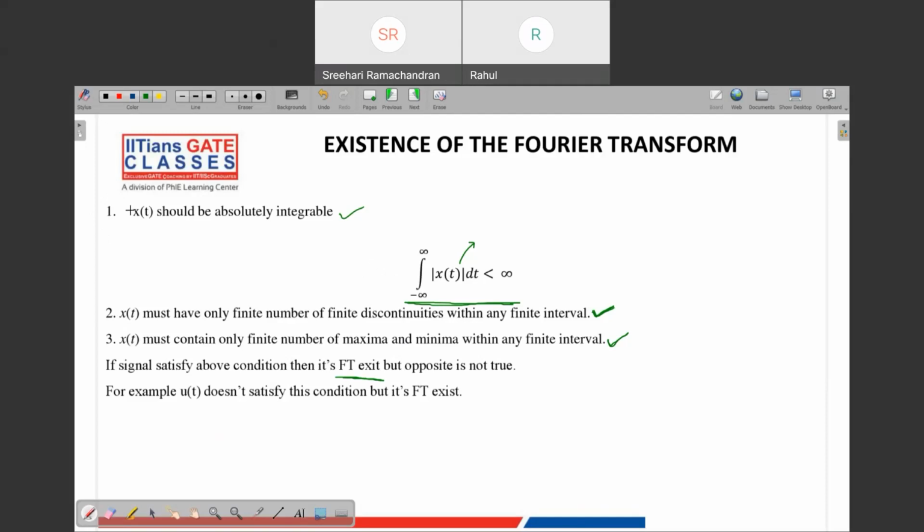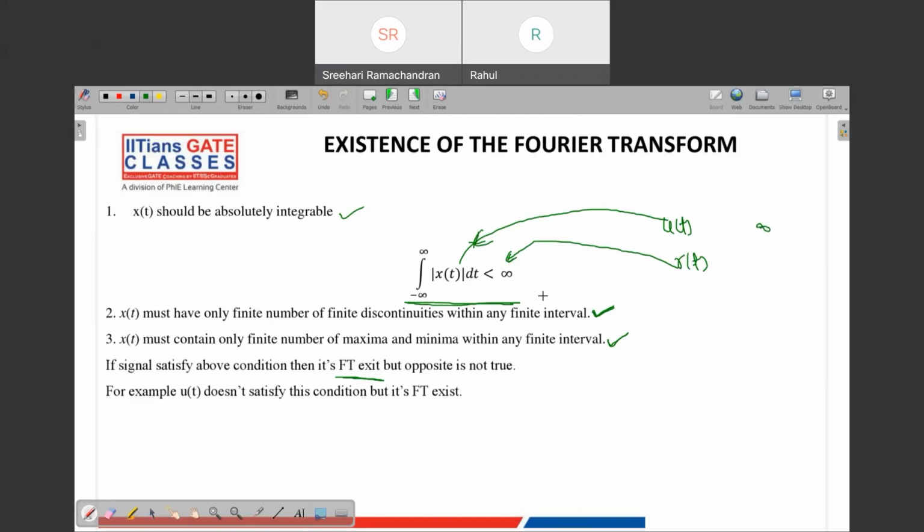One example is the unit step. The unit step doesn't satisfy the first criteria. If you integrate it, it will become infinity. But still, there is an existence of its Fourier transform. On the other hand, the ramp also doesn't satisfy this criteria, and for the ramp signal we cannot calculate the Fourier transform.